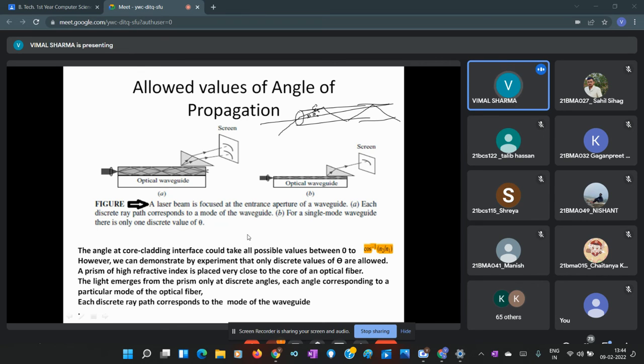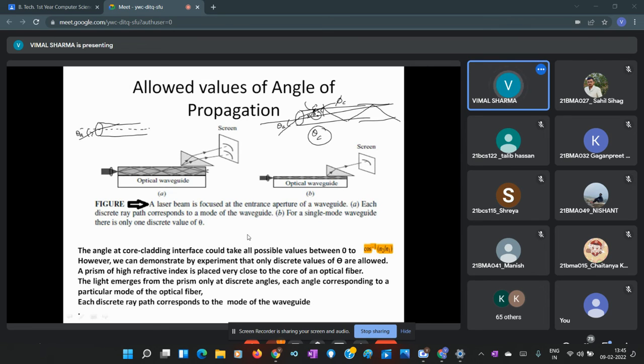So if this angle is theta c, it means it is launched at an angle equal to theta a, the acceptance angle, then that ray makes here phi c angle, that is the critical angle. Let me draw it nicely. It is just geometry. This is theta a, then this is theta a.